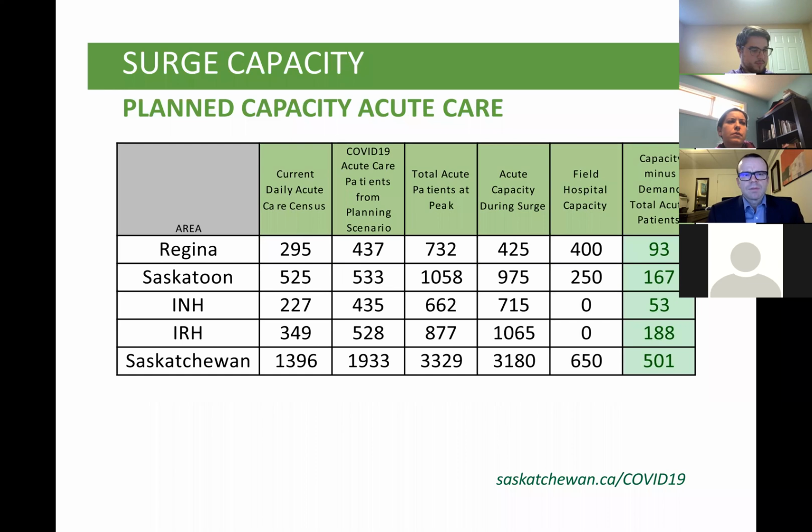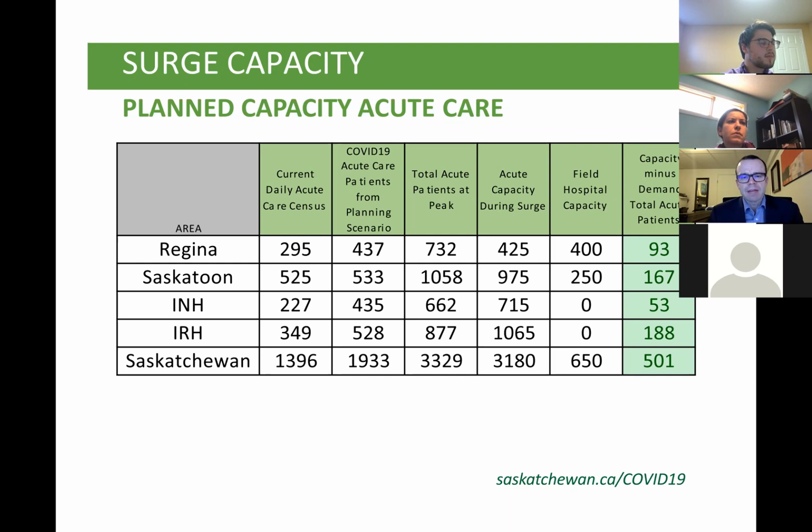In terms of planned capacity for acute care, this is similar to the last slide, where it depicts the breakdown of acute care beds between what we are planning now in terms of regular operations with our average daily census, what we see in the planning scenario for potential COVID-19 acute care patients, and then what that would mean at a peak. And so in this case, we see a peak of around 3,300 total acute patients.